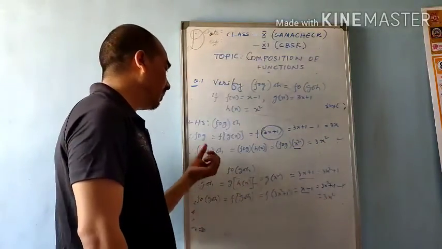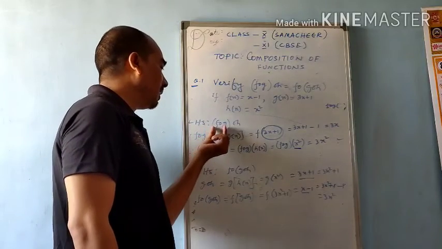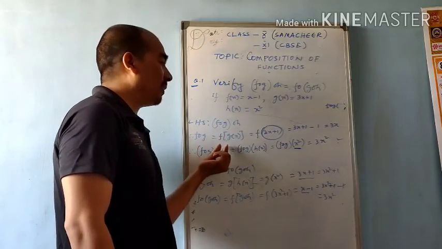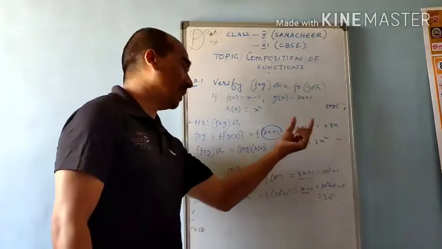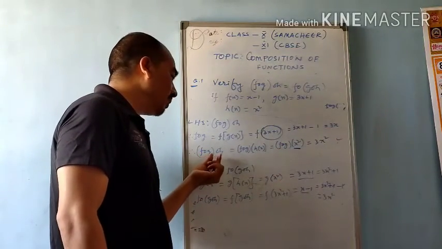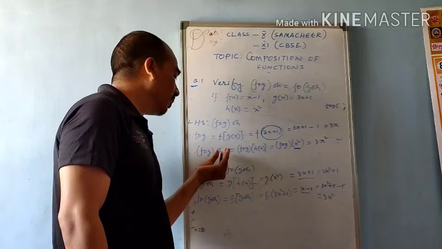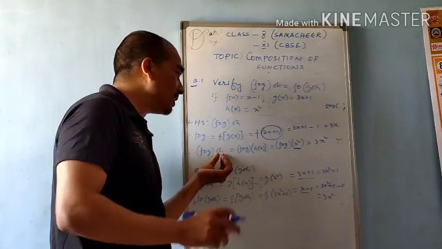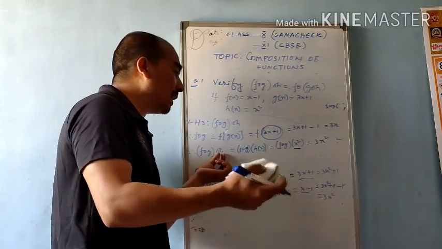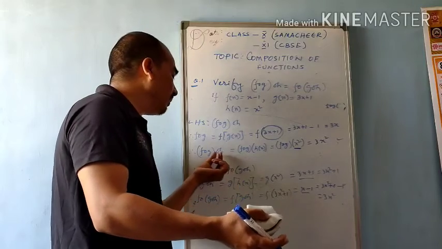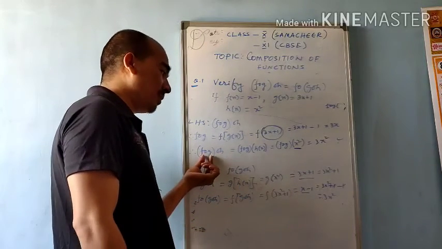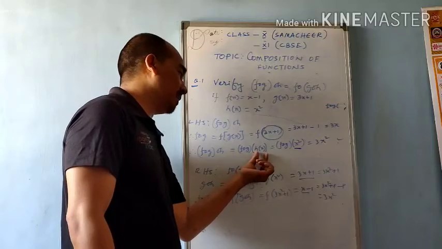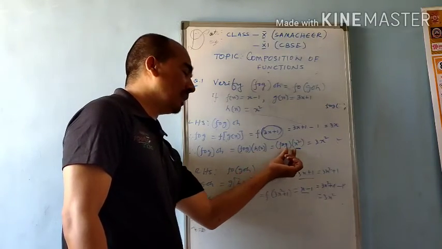So once again I will tell you. First, in this left hand side you find out f o g. This one is somewhat easy. Next, f o g o h. The meaning is o h, this h of x will be there, no? That h of x value will be fed into the f o g. f o g of h of x.